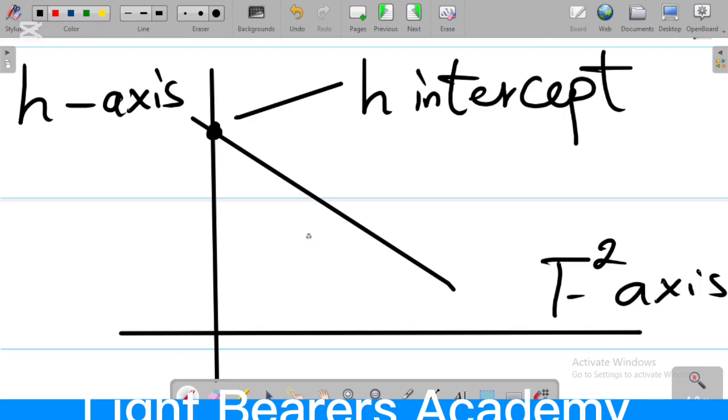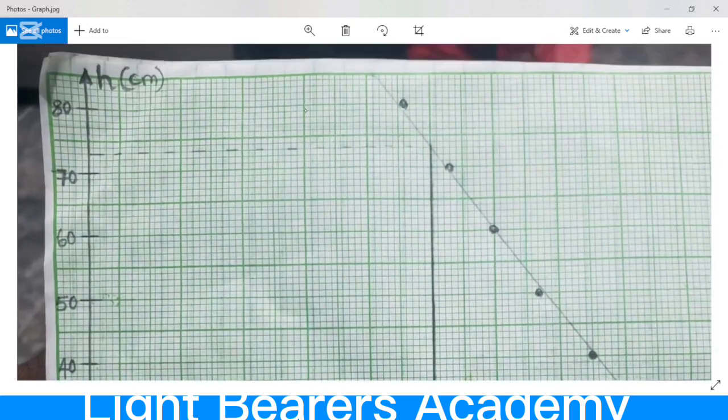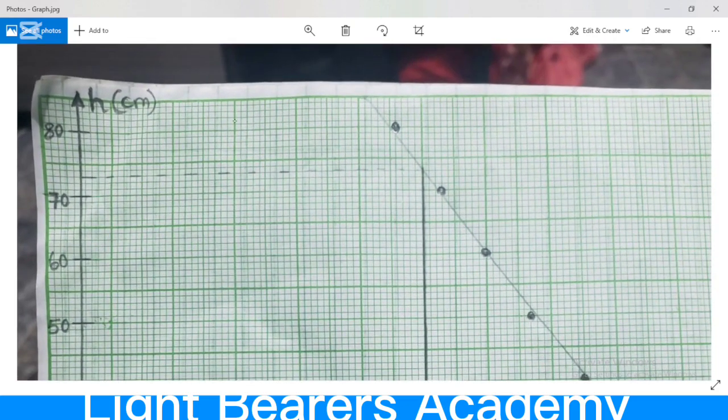So let's confirm from our graph. All right, so you can see that our graph is not big enough for us to know the exact value of h-intercept. So when drawing your own graph, please use a smaller scale or a bigger graph so you would know the exact value of h-intercept. This is where our line of best fit stops. Check my cursor.